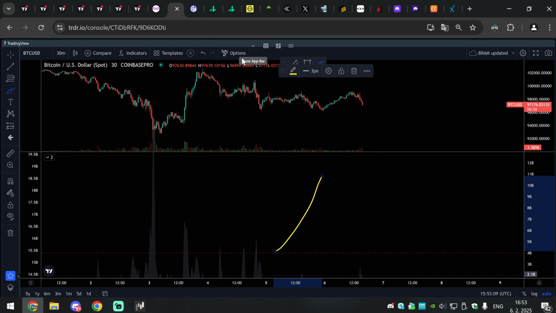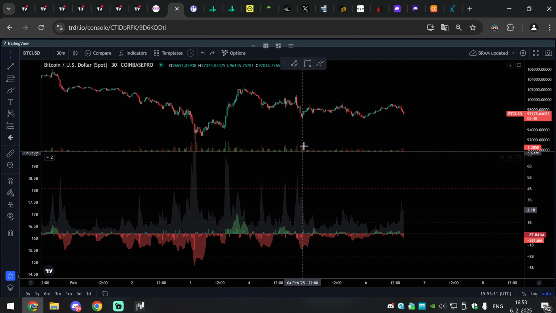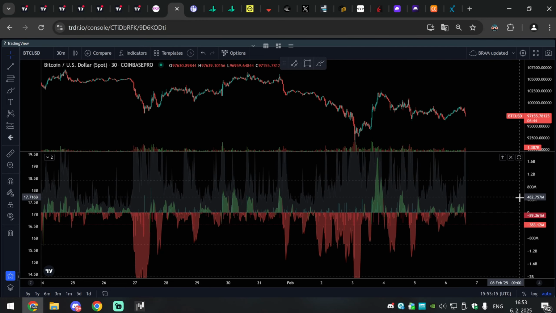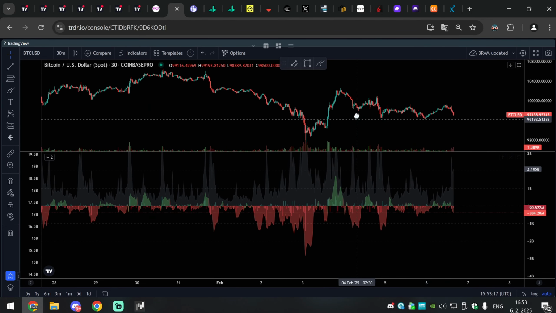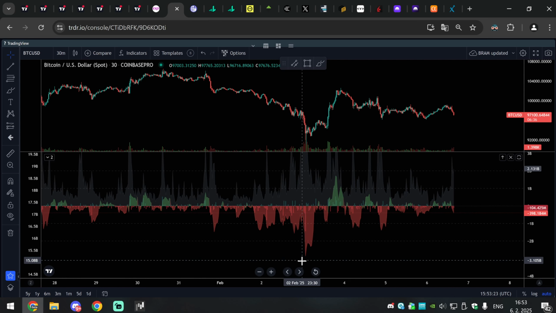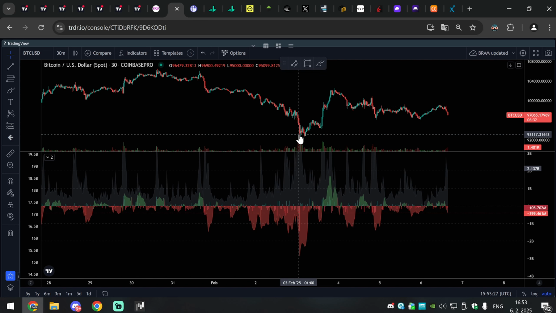Aggregated delta. The move played out, you can see that from here. We've got 2.7 billion negative delta, so massive shorts were done into the highs.